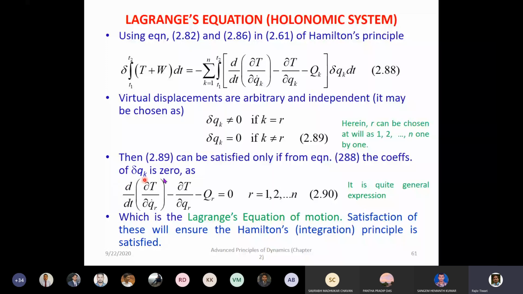And this expression is nothing but Lagrange's equation of motion, in which we have the kinetic energy and the generalized force. Qr is the generalized force, which we have obtained from the Hamilton principle. So basically, if we satisfy this condition, it will satisfy the Hamilton principle also.